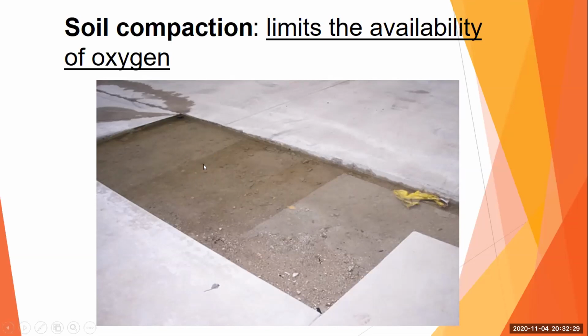So it's very important before installation that you take care of this type of issue, because if you don't, the plants are going to die. So this is what I told you: big trees need 1,000 cubic feet of very loose soil, not this soil. It has to be loose.